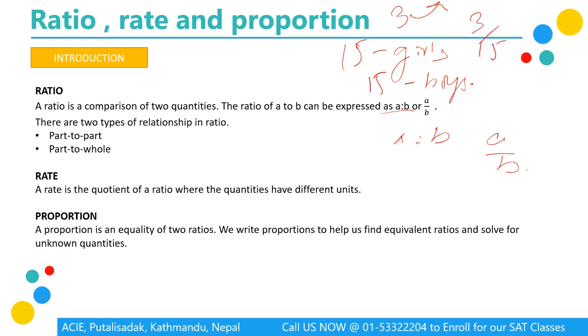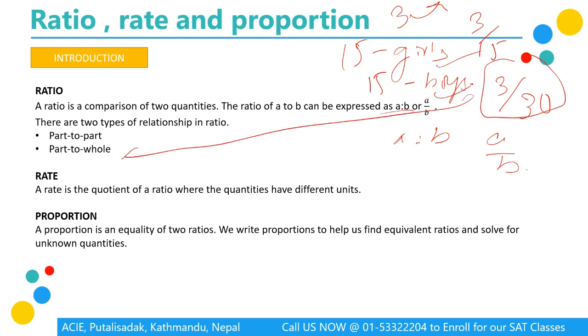That is part to part, whereas how many girls are taking part in the dance competition compared to the overall students of the class, that would have been 3 by 30, the overall population of the girls and the boys, which is called part to whole relation. So that is ratio, nothing new, everything is the same as we've studied before.